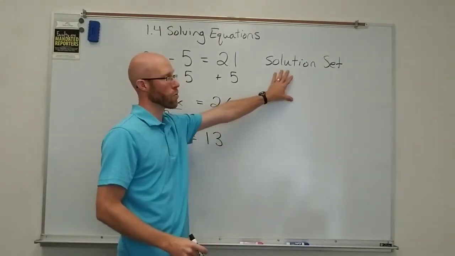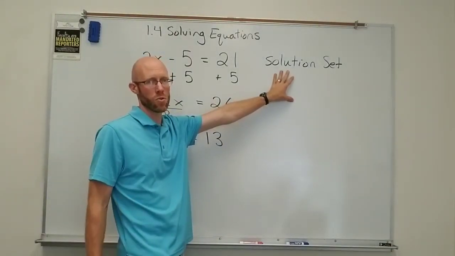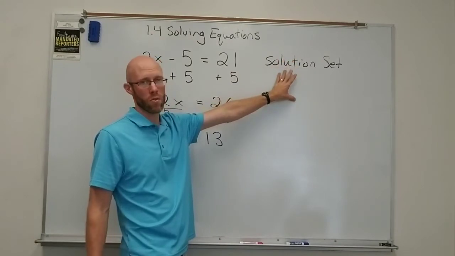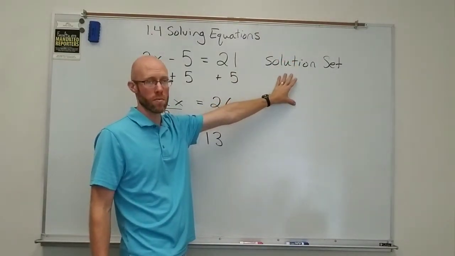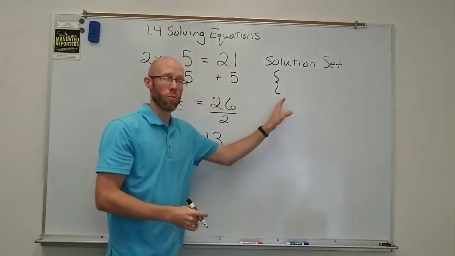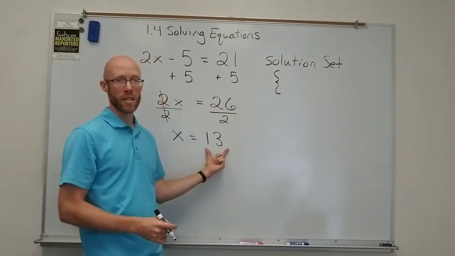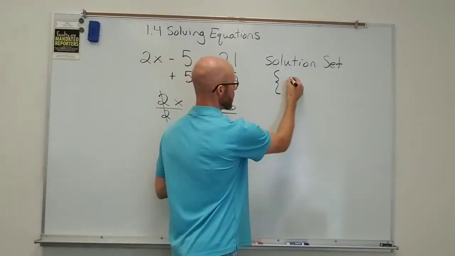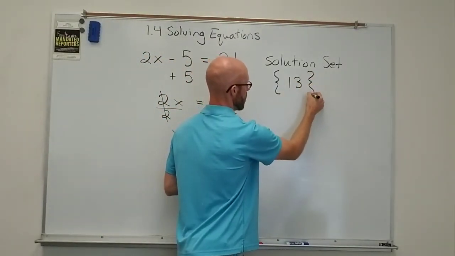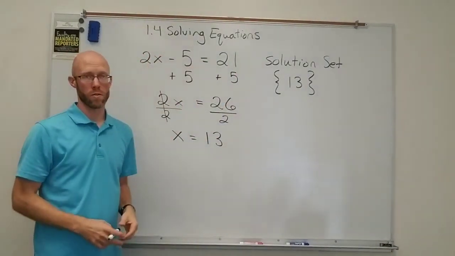Now this works for equations only. If you're not dealing with an equation, we wouldn't have a solution set. So when we're solving equations, we use a solution set to represent the answer. Remember in section 1.1, we dealt with sets. In this case, it's the set containing just the number 13, because that's the only number that is a solution to this original equation.